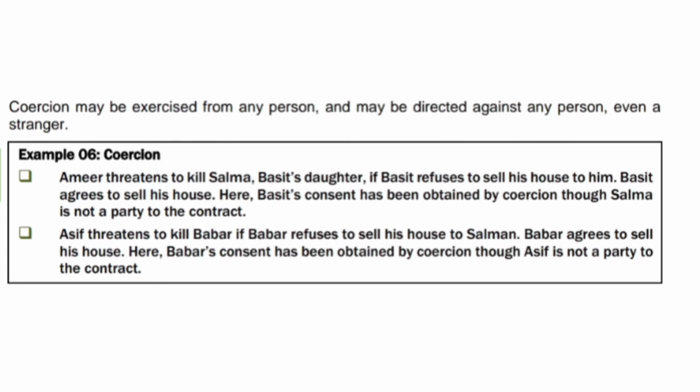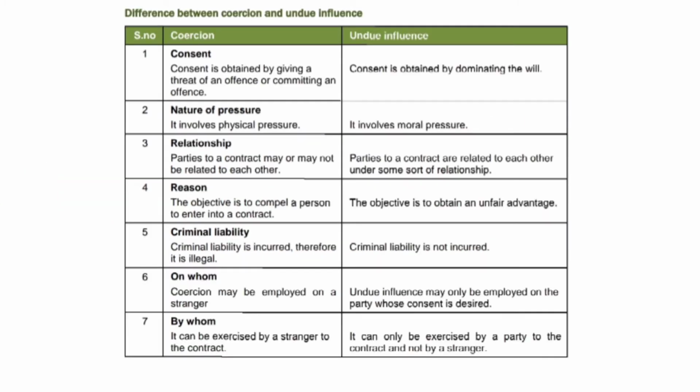However, when Babar agrees to sell his house to Salman, this is because Babar's consent has been obtained by coercion, and it is irrelevant that Asif himself is not a party to the contract. What matters is that his consent to sell his house to Salman was obtained on the basis of coercion by Asif. And this second example, by the way, was relevant not to point number 6, which was regarding on whom the pressure is being applied, but is instead relevant to point number 7, that is, by whom the pressure is being applied.